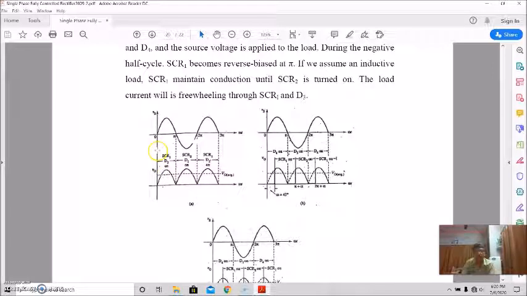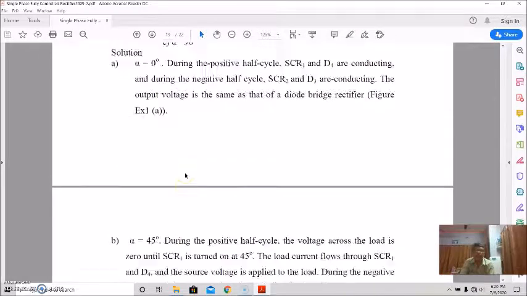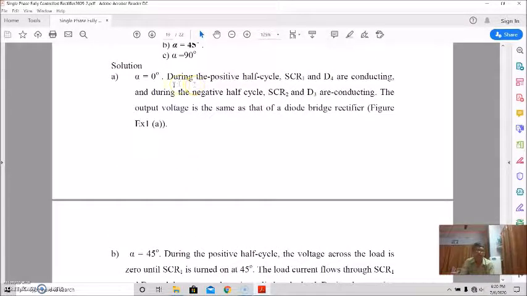During 0 to pi, SCR1 and D4 are conducting, and during the negative half cycle SCR2 and D3 are conducting. That is shown, and the output voltage waveform will be like this.